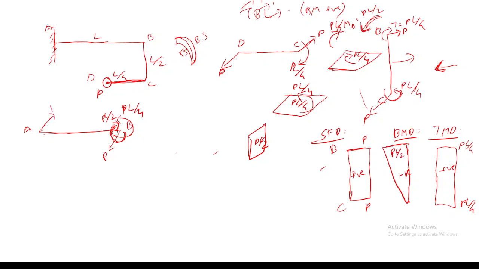I will be getting a shear force at P, and due to this bending moment PL by 4, I will be getting a bending reaction. And due to this shear load also, I will be getting a reaction here, right?